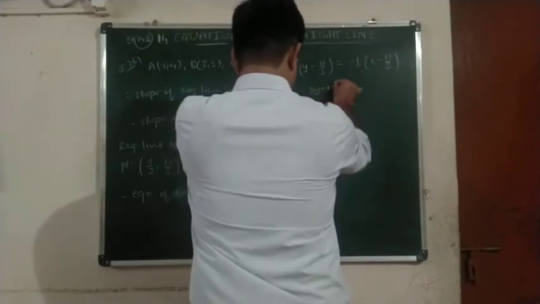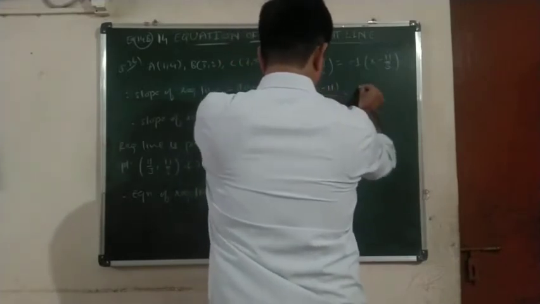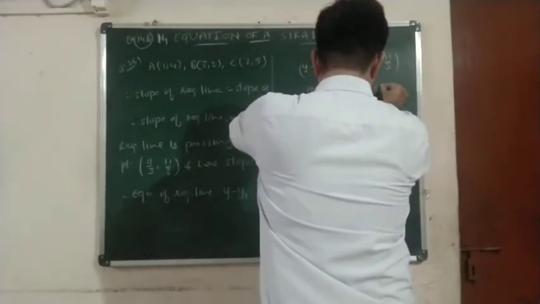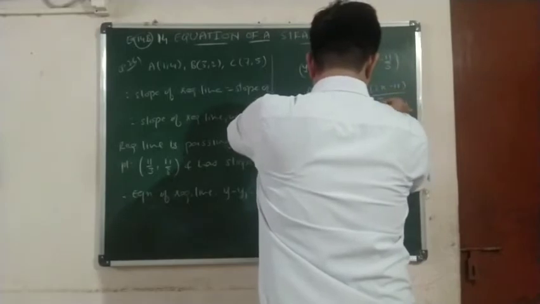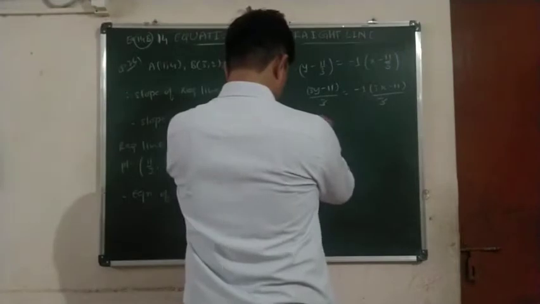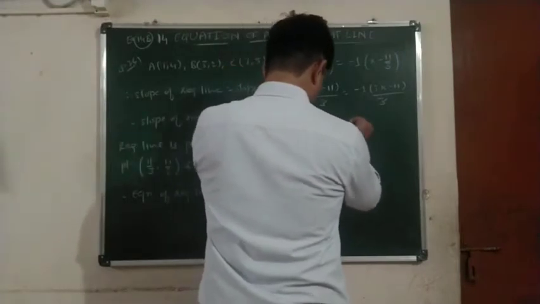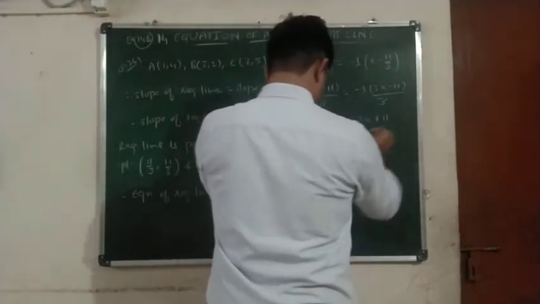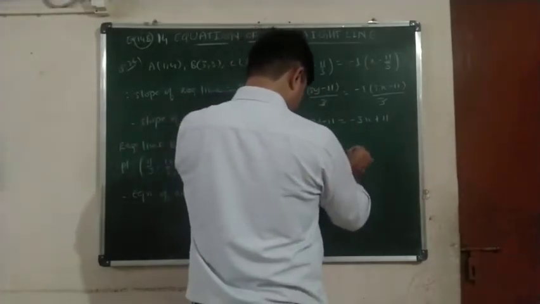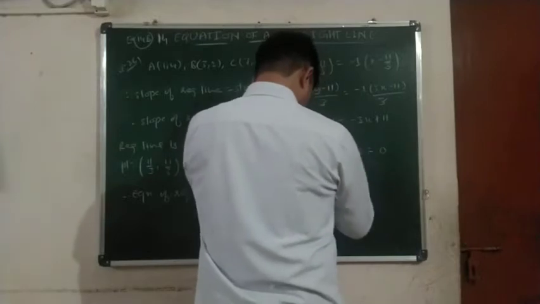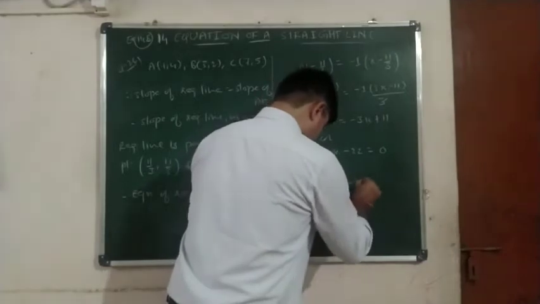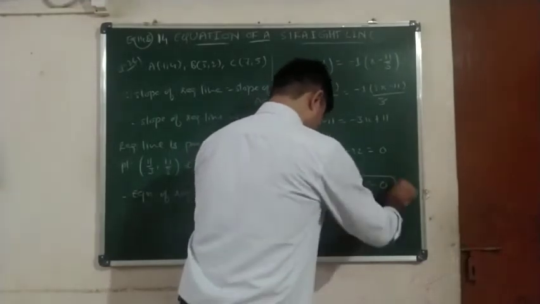Therefore 3y minus 11 upon 3 is equal to minus 1 into 3x minus 11 upon 3. The 3 will get cancelled and we will simplify. 3y minus 11 is equal to minus 3x plus 11, or 3y plus 3x minus 22 is equal to 0, or 3x plus 3y minus 22 equals 0.